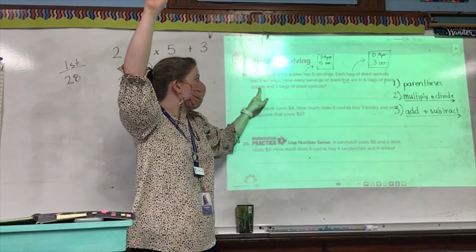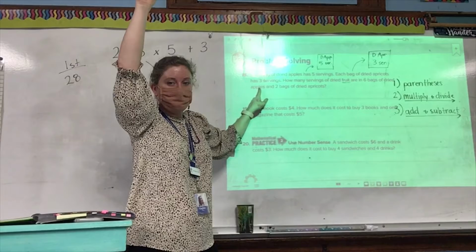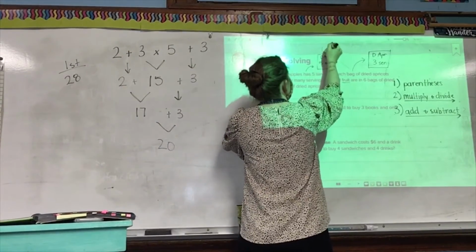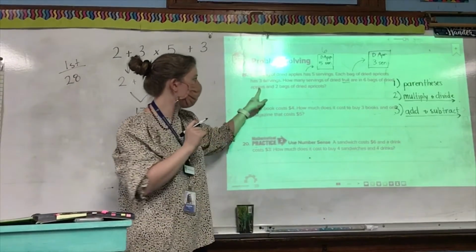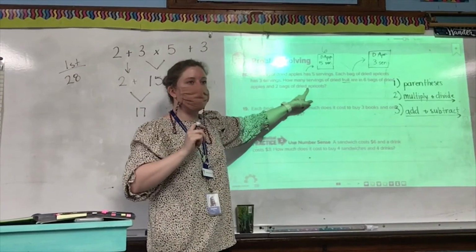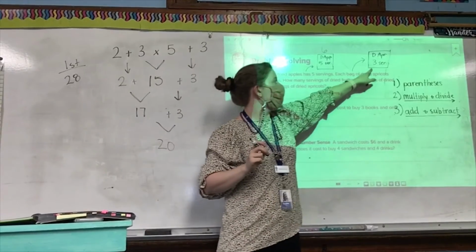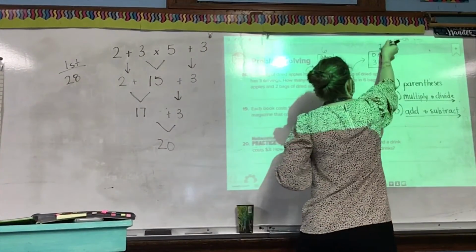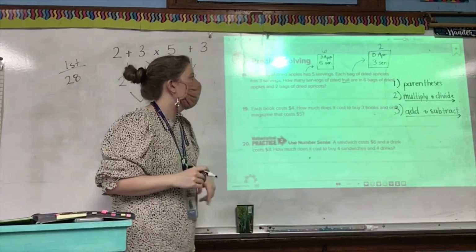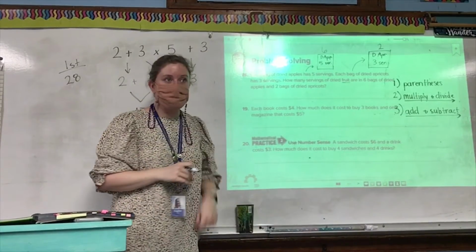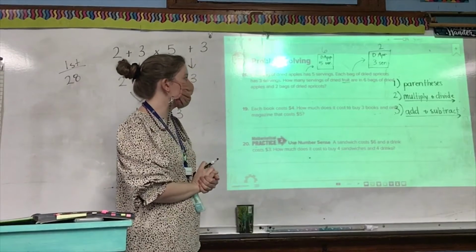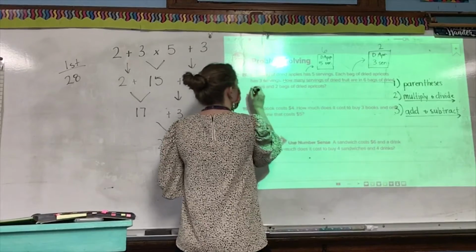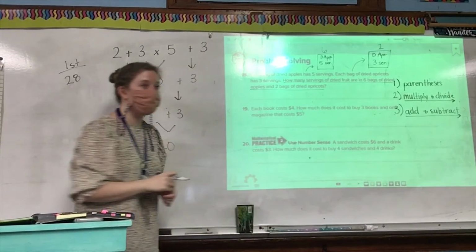Class? 6. I bought 6 of these. And 2 bags of dried apricots, which means how many dried apricots did I buy? 2. How many servings of dried fruit are in 6 bags of dried apples and 2 bags of dried apricots? There's my question.